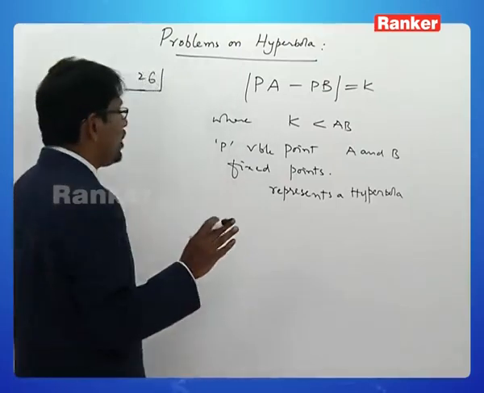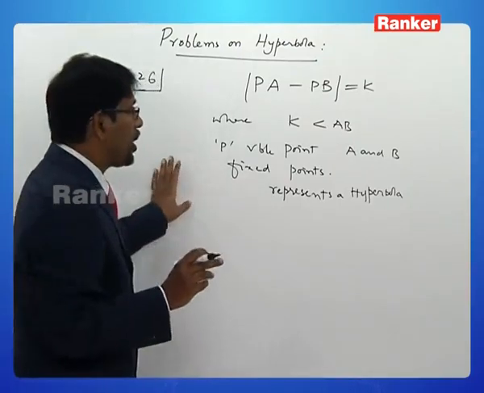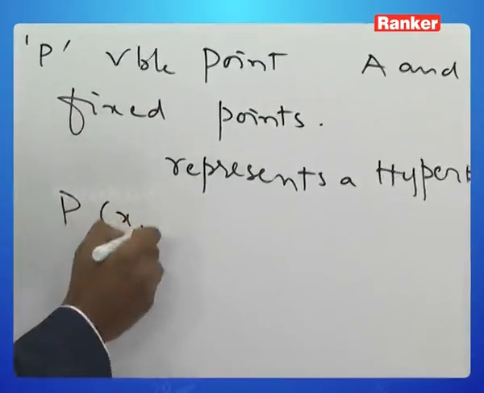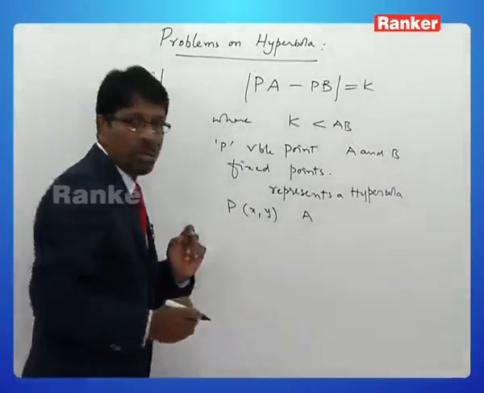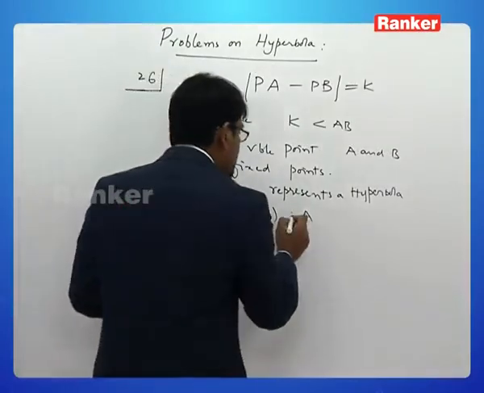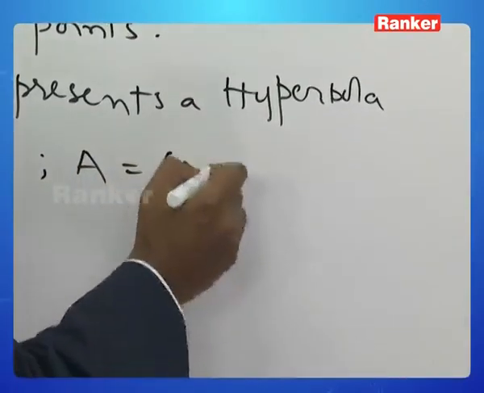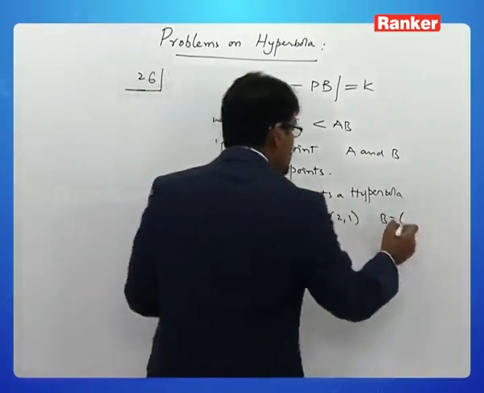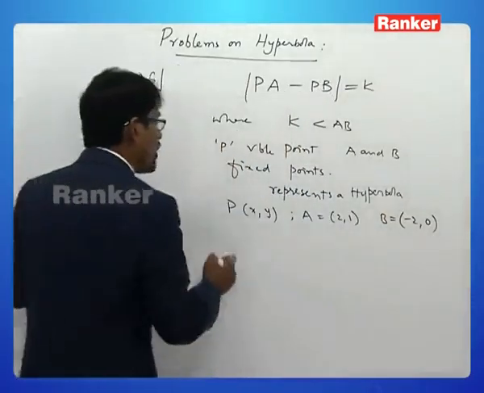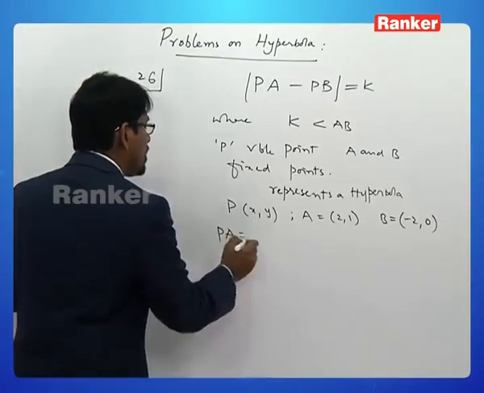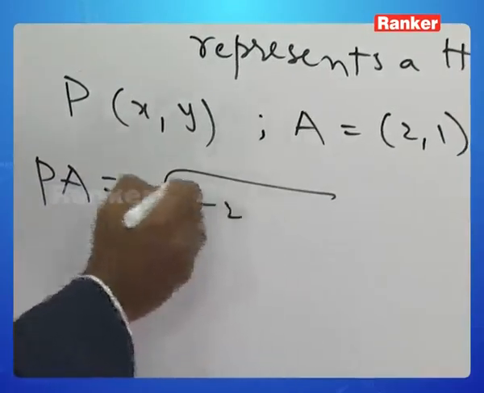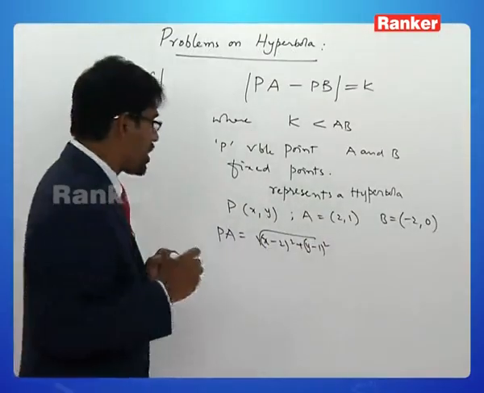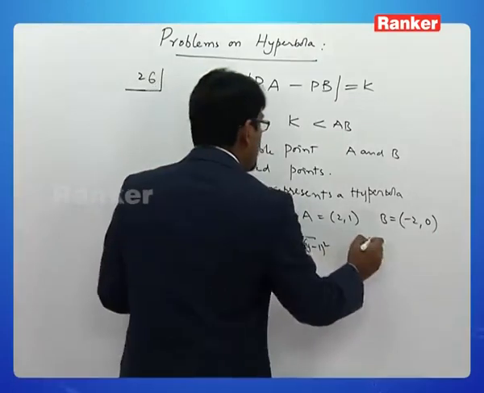Right. So here, your P is x comma y. In the problem, A is 2 comma 1 and B is minus 2 comma 0. What is PA? Distance PA is under root of (x minus 2) the whole square plus (y minus 1) the whole square, which is the first expression. What about PB?